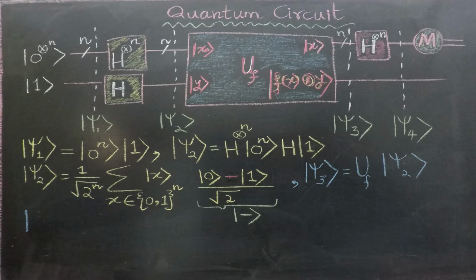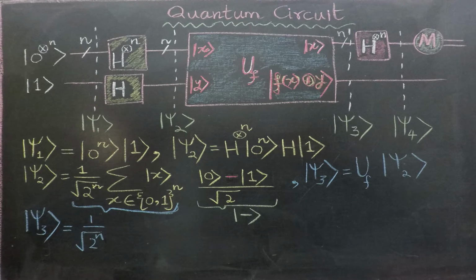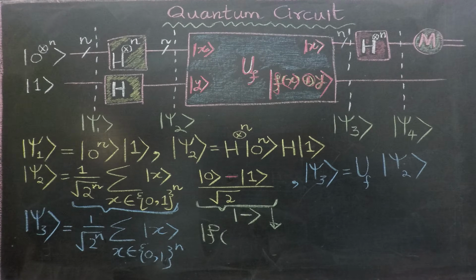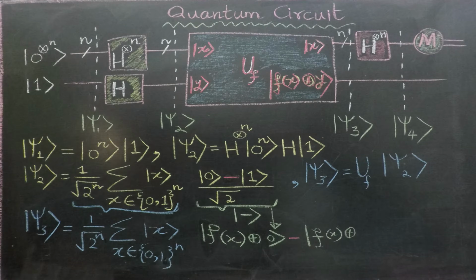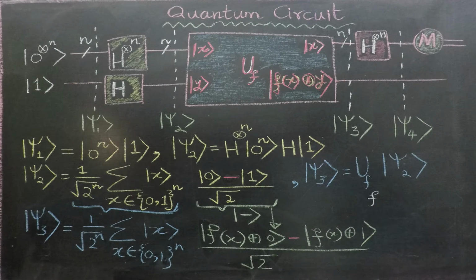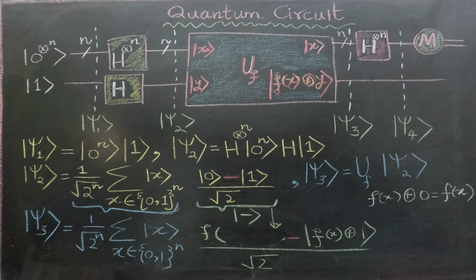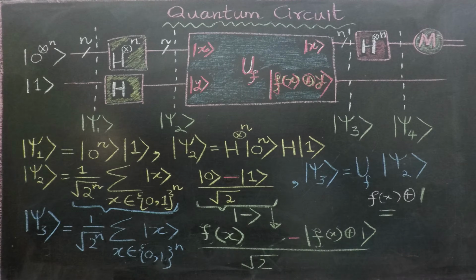Thus, upon applying UF gate to ket psi 2, the first register remains unchanged, while the second register is transformed to ket f of x XOR with 0 minus ket f of x XOR with 1 divided by the square root of 2. f of x XOR with 0 is equal to f of x, whereas f of x XOR with 1 is the complement of f of x.